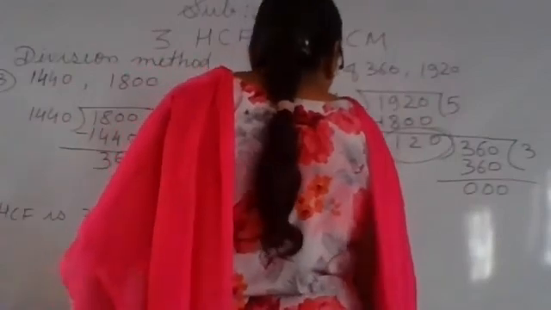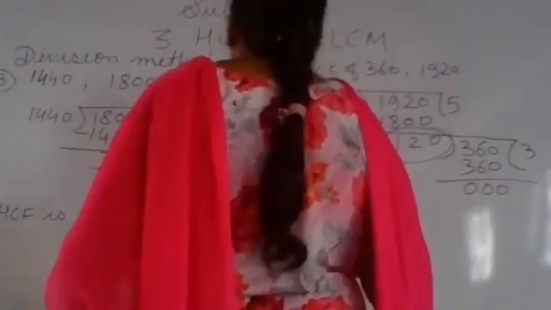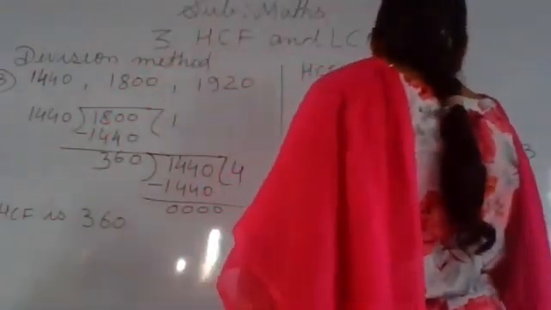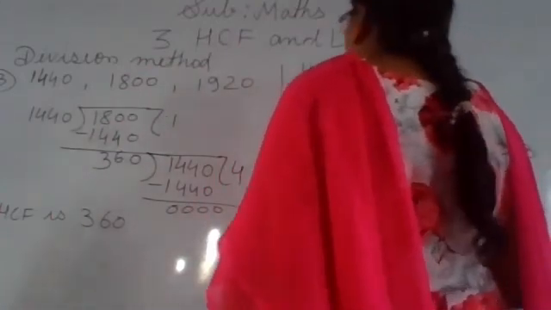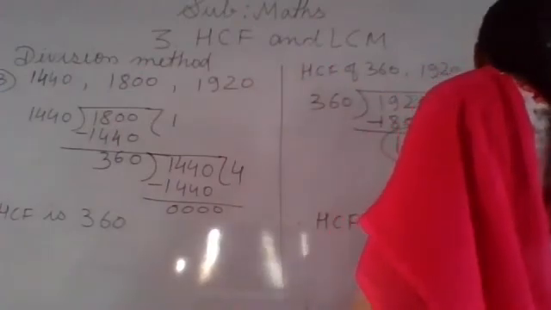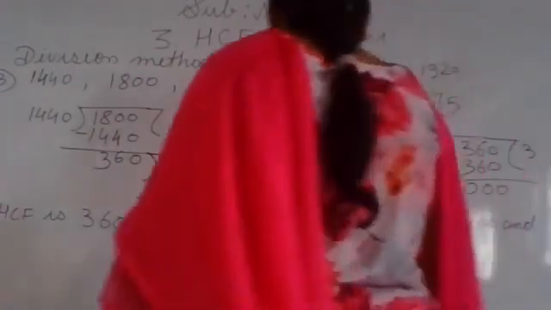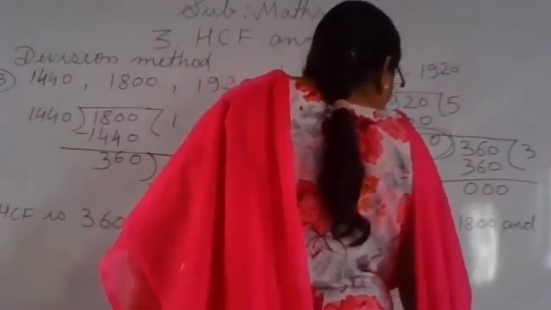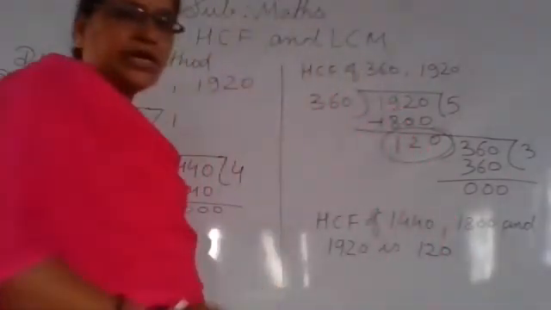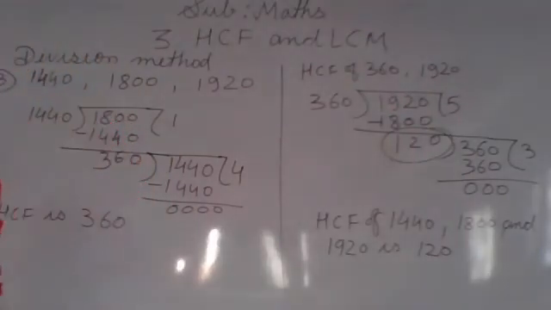Therefore, HCF of 1440, 1800 and 1920 is 120. Okay. So children, I am giving you some homework to solve.